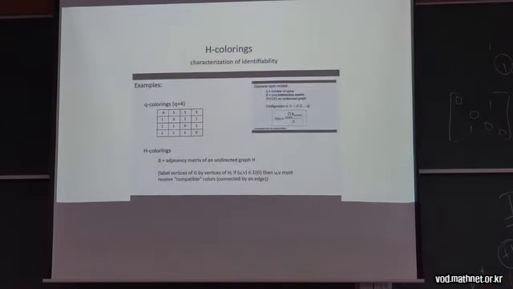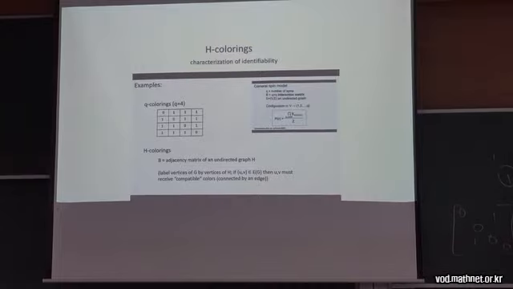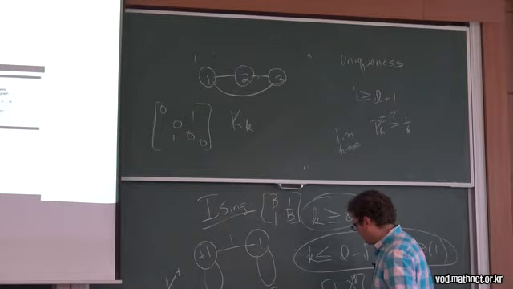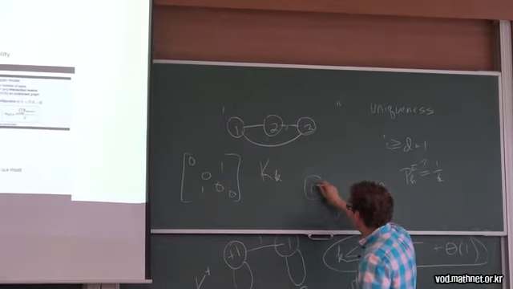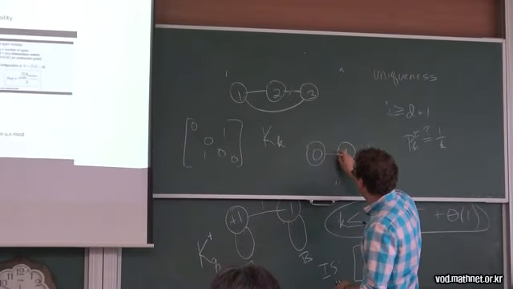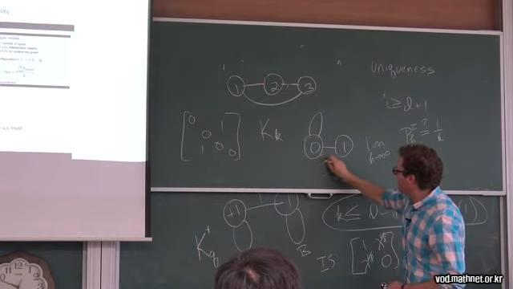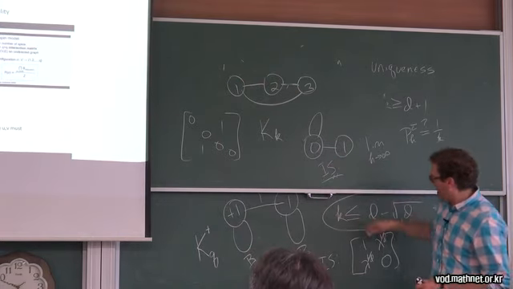So this is the color setting from before. I'm looking at these H colorings. This is the constraint graph for colorings. And then I can look at the constraint graph for independent sets. 0, 1 for occupied. So occupied cannot be next to occupied. This is independent sets. I'm going to do unweighted, so there's no lambda here.